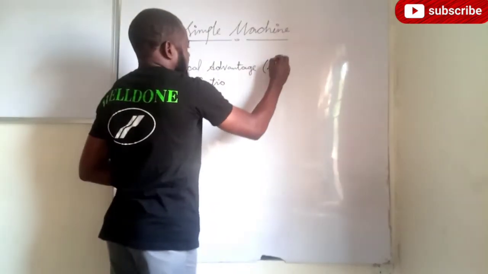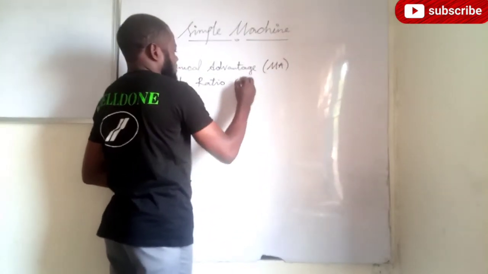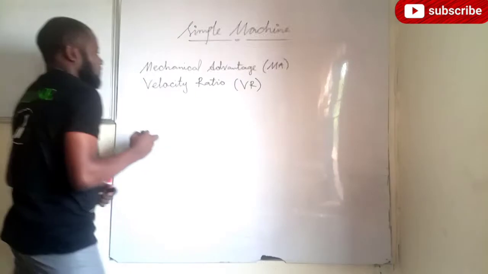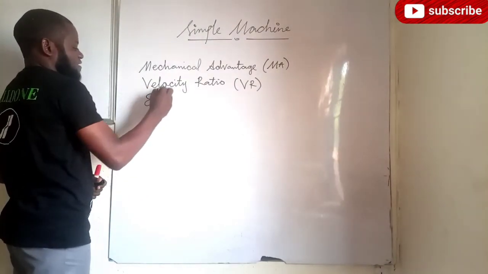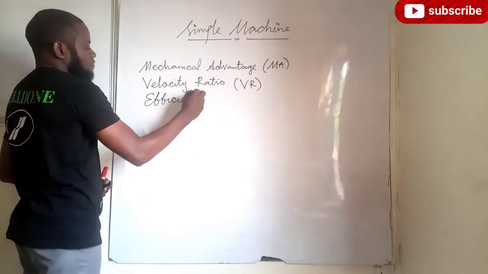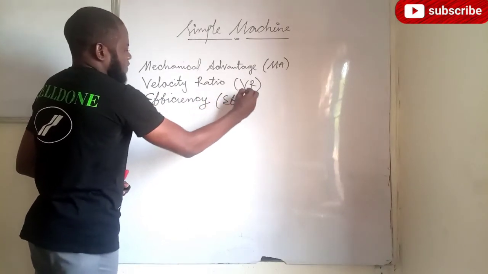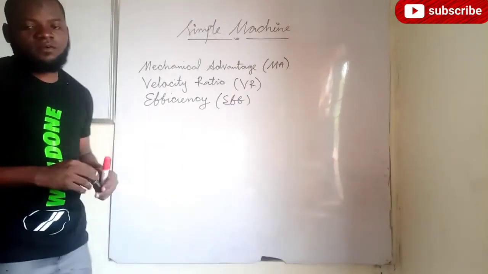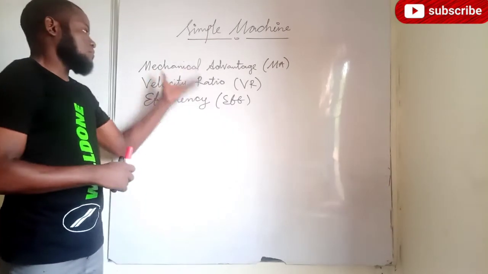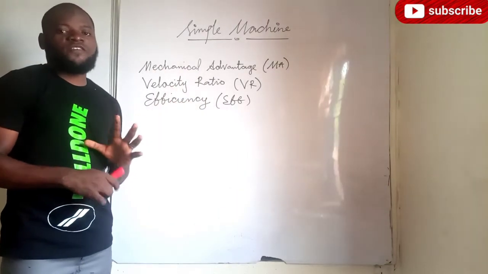This is abbreviated as MA, while this is VR. Then we have the efficiency, which we will write as EFF. So these are the general properties of a machine.